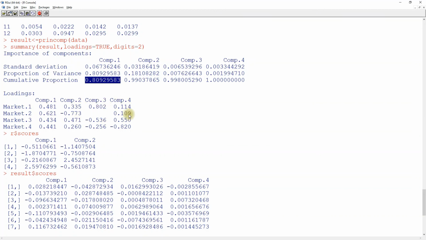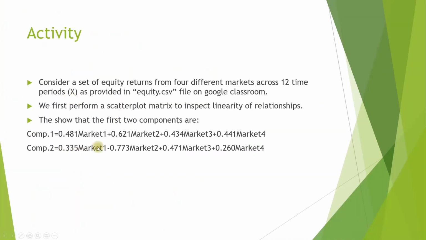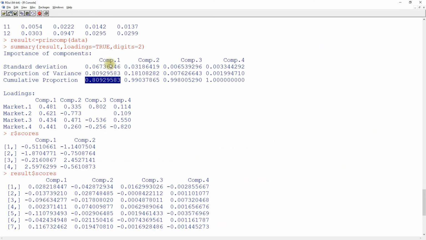These become irrelevant. Though I gave you the formula for the second one, maybe the second component would not be of much relevance here. I'm showing you the first two components here, but only the first component would have been sufficient. So you have finally come to a reduction of your data to only one component.